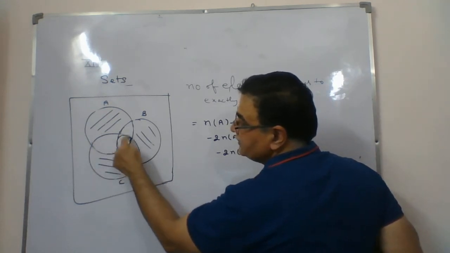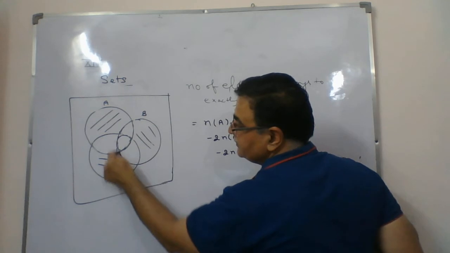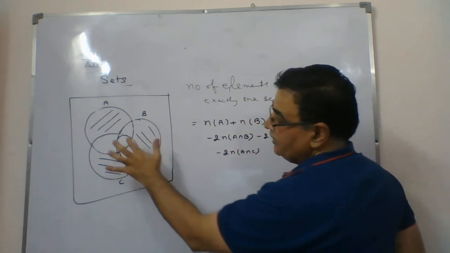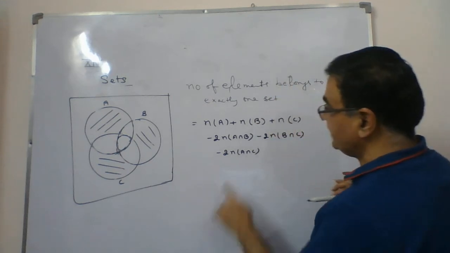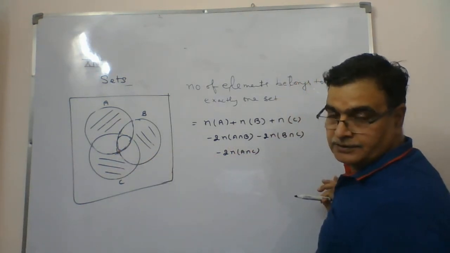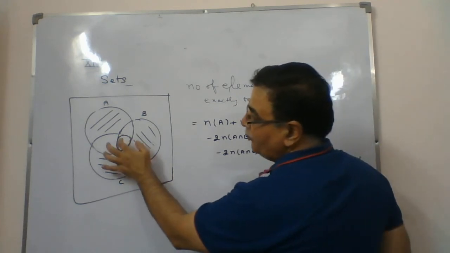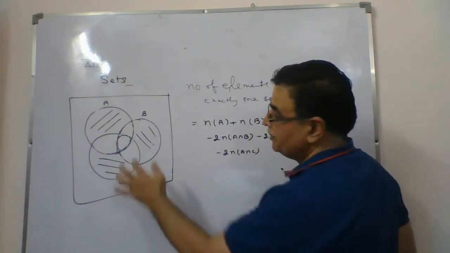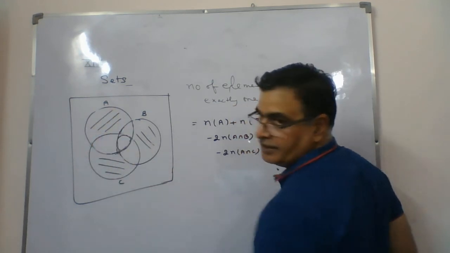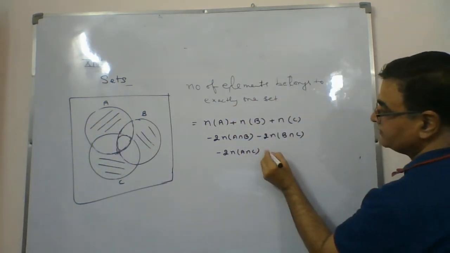It came twice here, twice here, twice here. So it came 6 times. 6 times it is actually subtracted. Right or no? But how many times should it be subtracted? It should be subtracted only 3 times. One here, one here, one here. So in this case, plus.